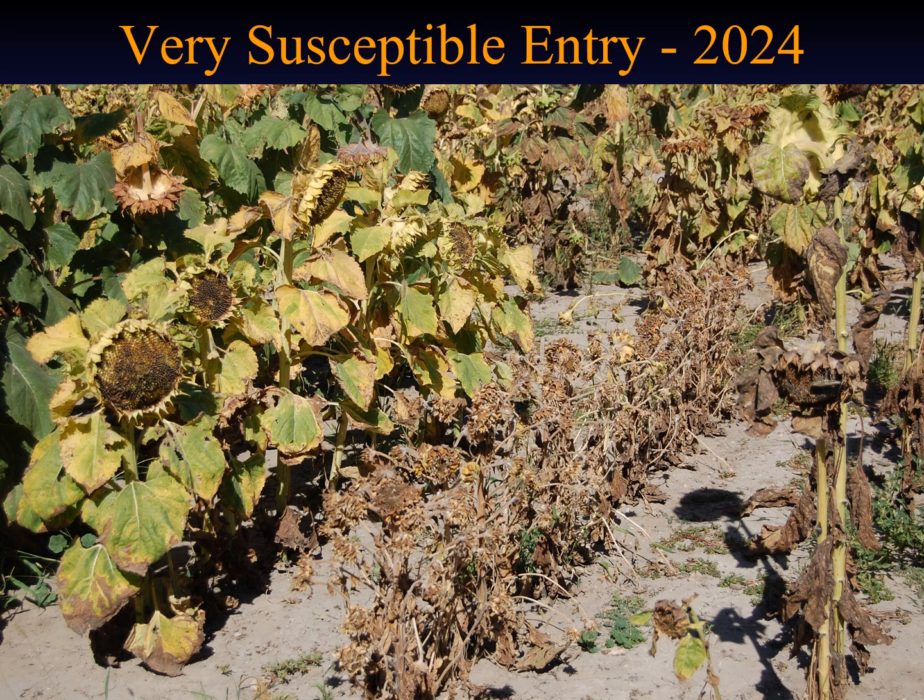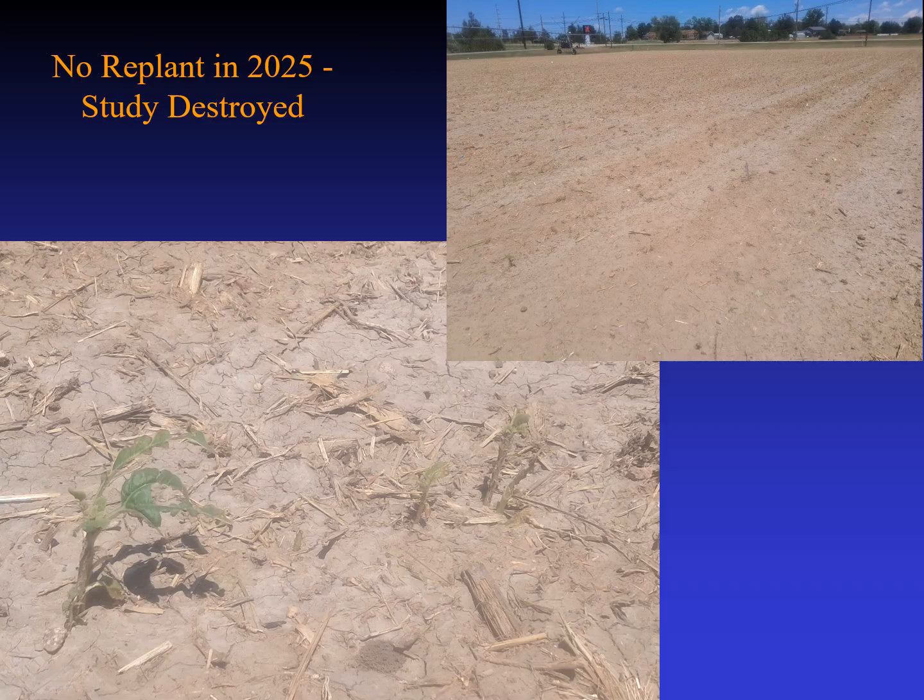When we got to the end of the season, this just showed what the breeder was trying to do, to find out if any of his lines had any kind of resistance. But this particular one shows how this poor thing did not have any resistance to the disease, so it really was a severe problem. We decided not to replant this one because we didn't have the seeds.